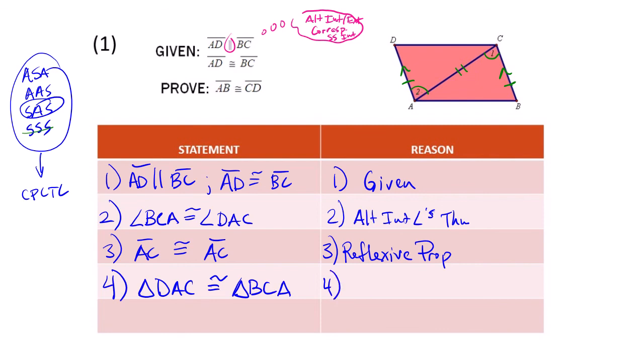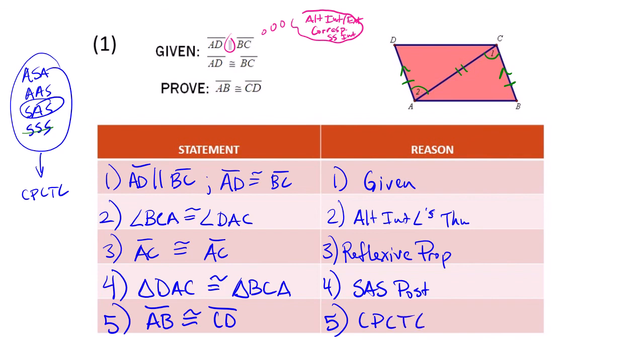And that's because of the SAS postulate, right? And last but not least, we can say that side AB is congruent with side CD because of CPCTC. So, since these triangles are congruent, that means that AB must equal DC.